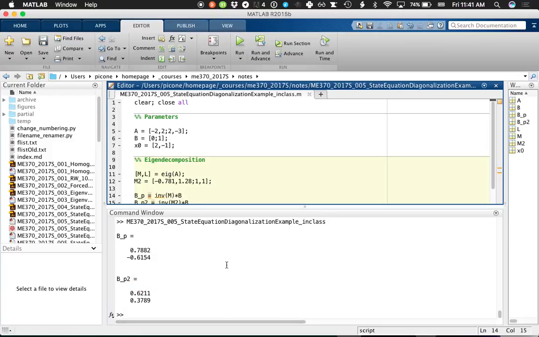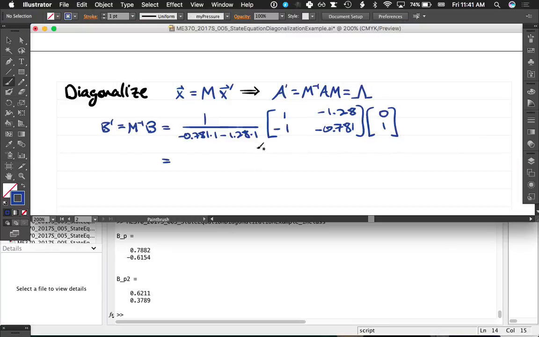They're different, okay? But that's because our x primes are different. Remember, the x prime is related to x using M. And if they have a different M matrix, it's just different by scaling of the columns, so they're very related. But it is different, so their x prime is different than our x prime, and that's why it comes out differently.